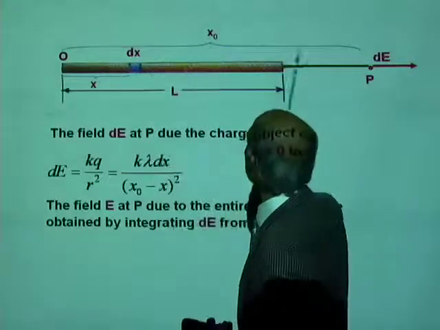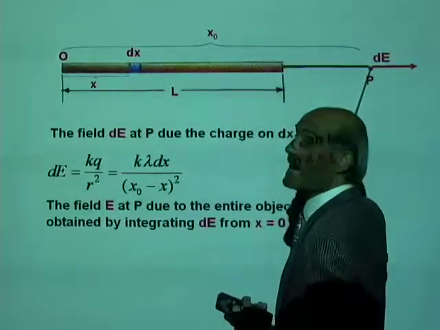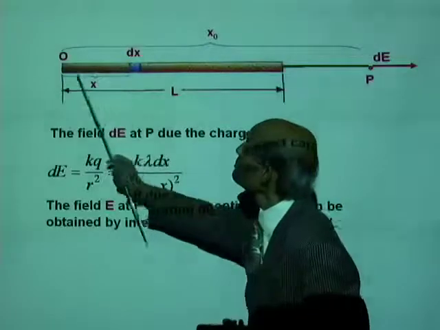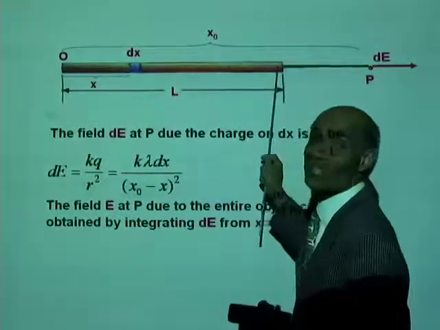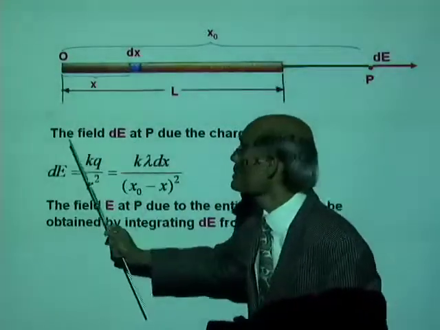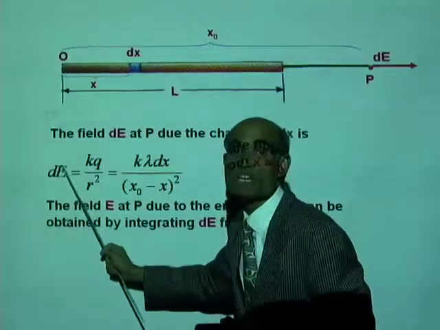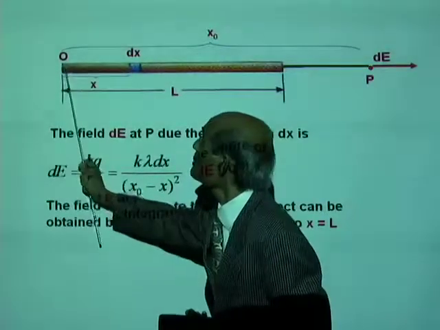So, in order to obtain the field E at P due to the entire extended object, all we need to do is integrate this dE from x equal to 0. Look at this.